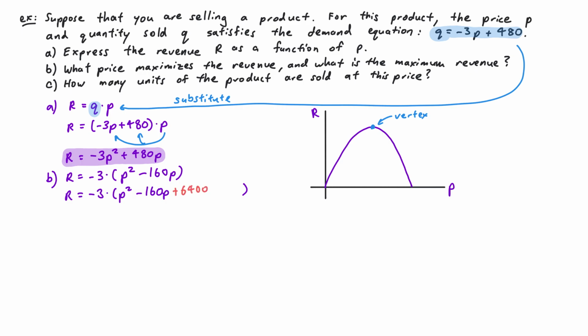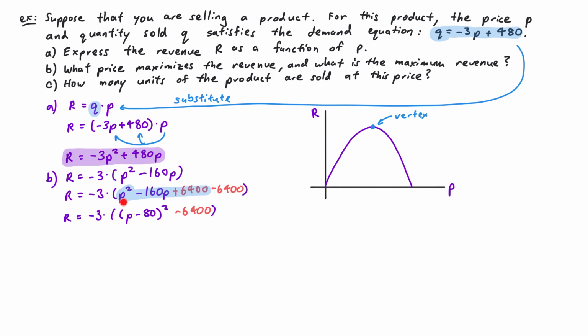But I can't just add 6,400 because that changes our equation. To balance things out, we also need to subtract 6,400 so we don't change anything. But now what we can do is factor the P² - 160P + 6,400. This gives us R equals -3 times (P - 80)², and then we still have the -6,400 at the end.